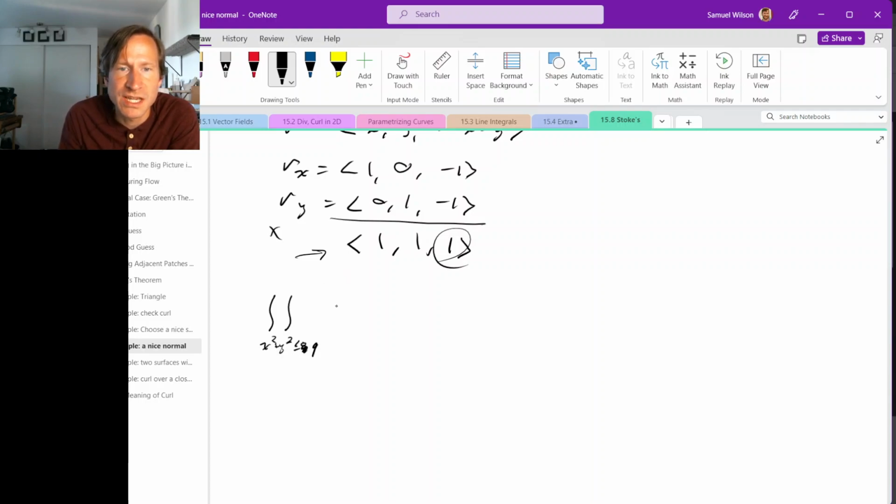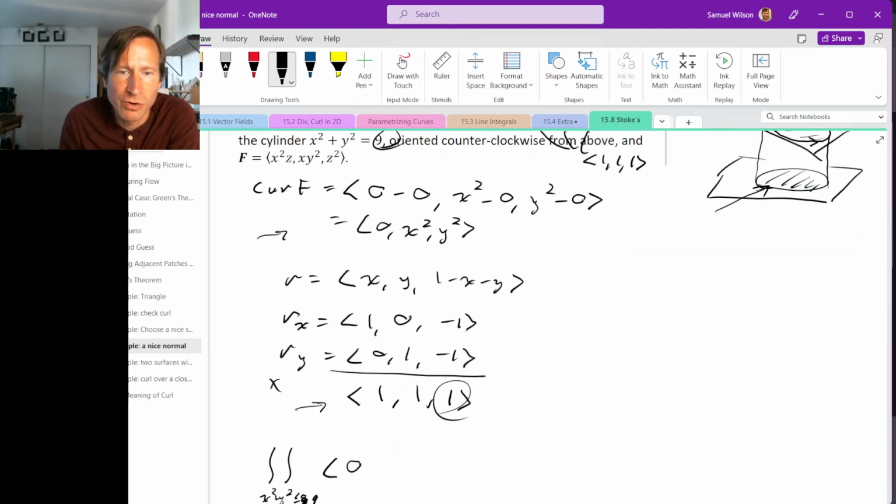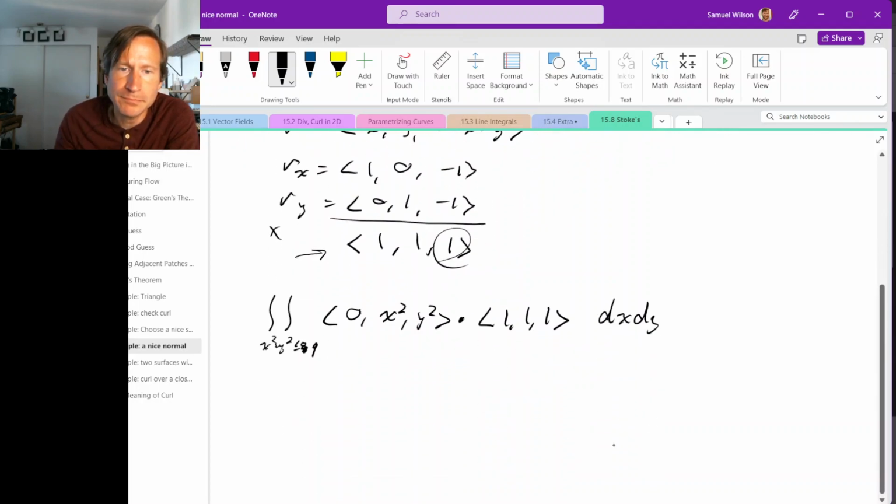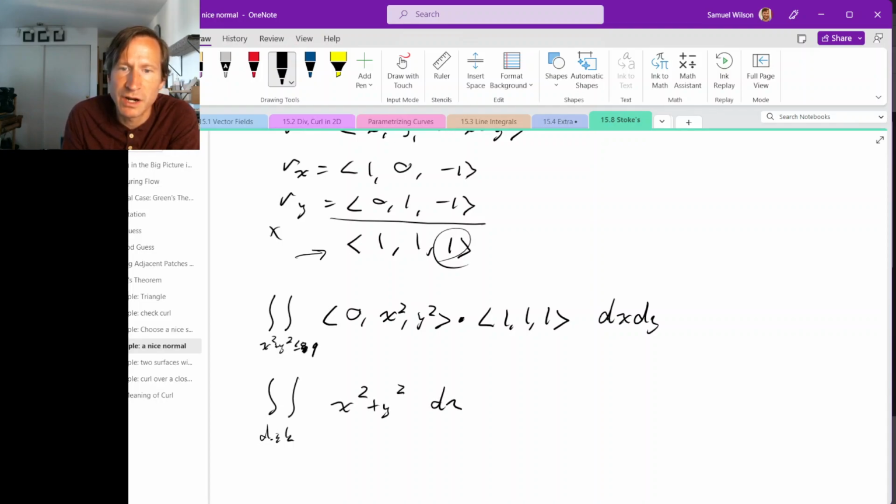And we're taking the dot product of our curl, which is 0, x squared, y squared, dotting that with 1, 1, 1, dx dy. So this is the integral over this disk of x squared plus y squared dx dy.